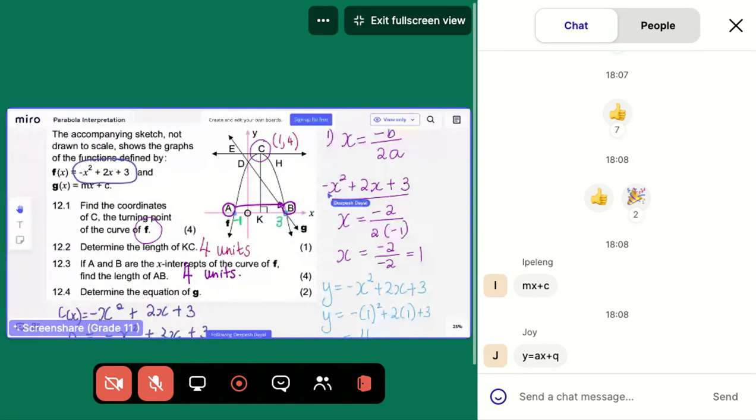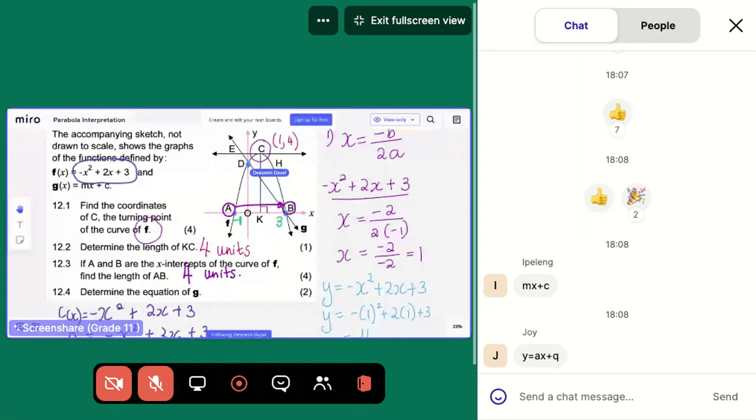So we need to find the equation of G. G is going through 3, and it's also going through this point D here. D is also the y-intercept of the parabola.